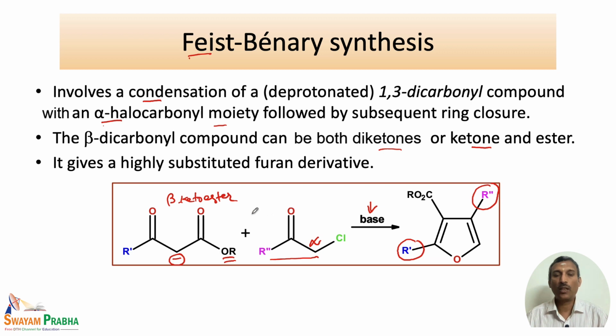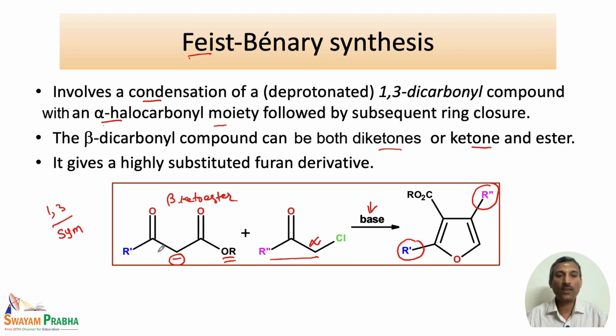So in the previous case, we were using the alpha dicarbonyl compound, that is 1,3 dicarbonyl compounds were being used, and most of the times, especially in the polymer synthesis, we were using only the symmetrical systems, that is symmetrical carbonyl compounds were used. So we cannot get different or substituted furan derivatives.